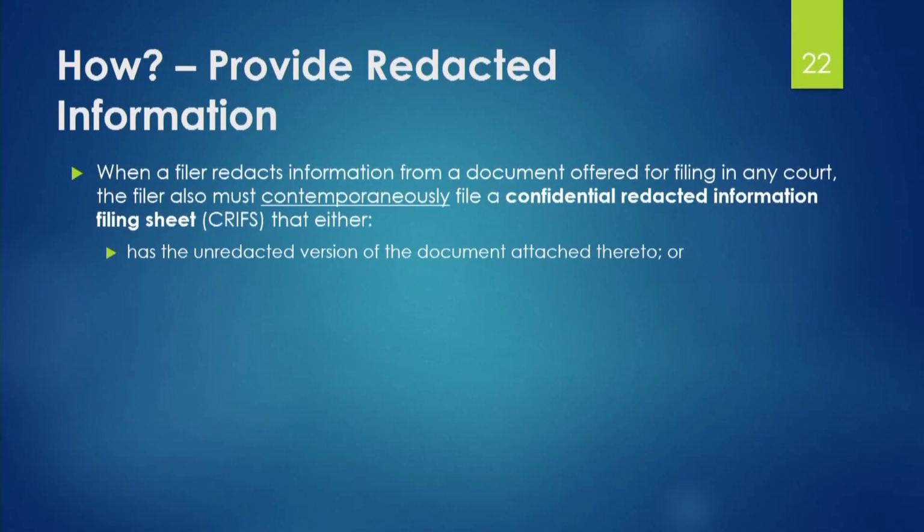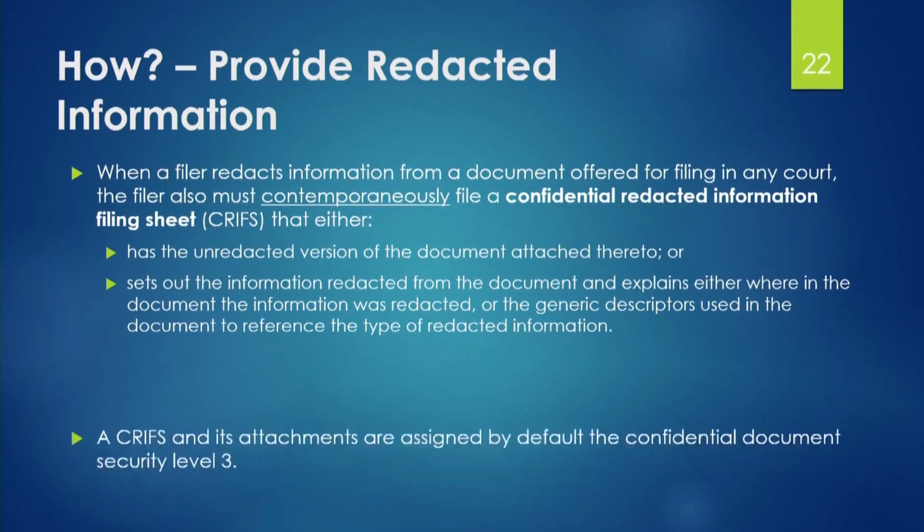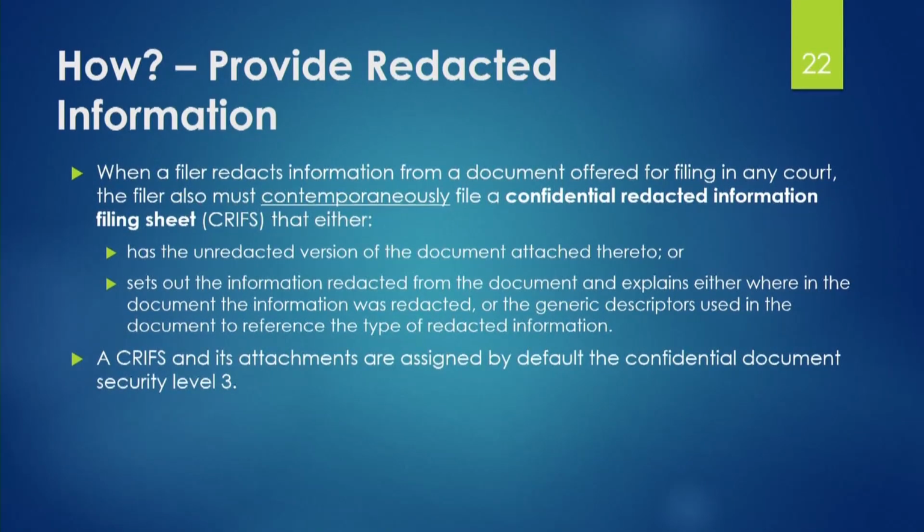So it either provides, and by provides, it has attached to it an unredacted version of the document, or it sets out the information that was redacted from the document and explains either where in the document it was taken from or using generic descriptors to describe what it was, and then to reference that, and then you actually have to put the redacted information into the CRIFs.